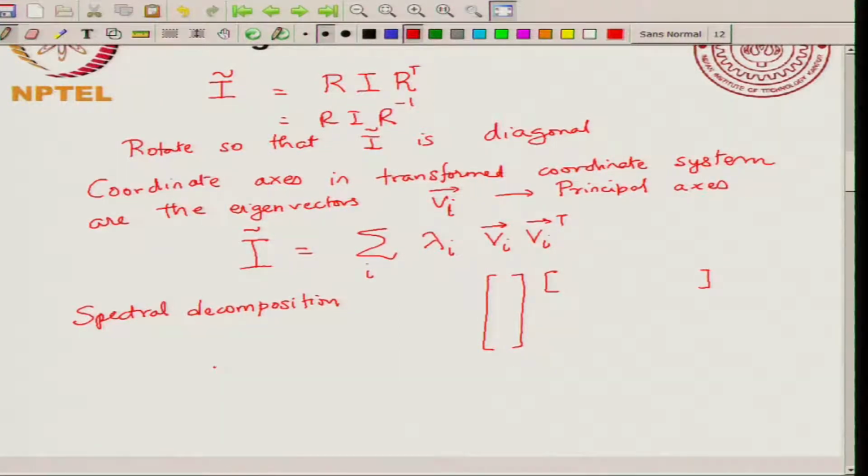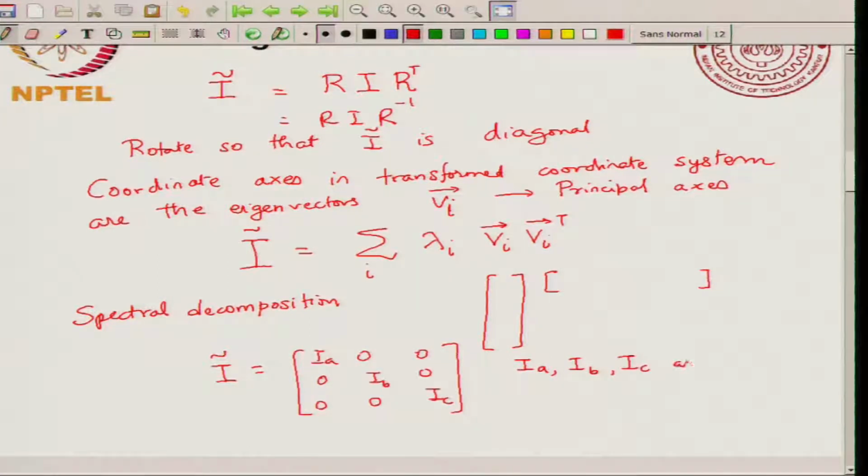And so your I tilde, I should mention, looks like IA, IB, IC. So in this transformed coordinate system, it just looks like this. It looks diagonal, and IA, IB, IC are called the principal moments of inertia.